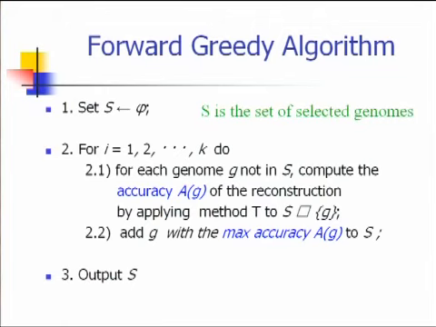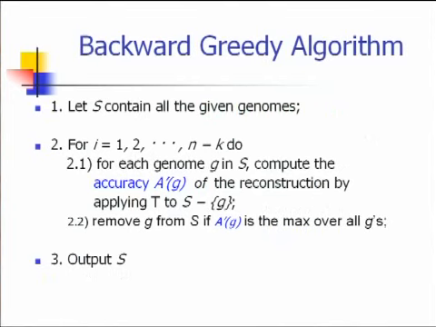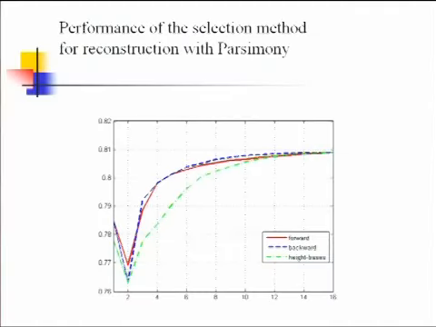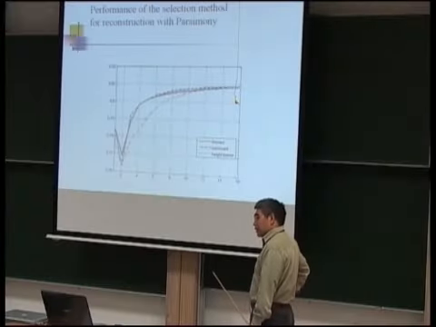Another straightforward way is a backward selection, where we throw away the bad genomes one by one. We tested the performance of these two ways, and found the backward method is a little bit better than the forward method.